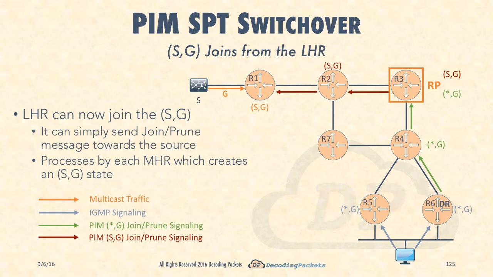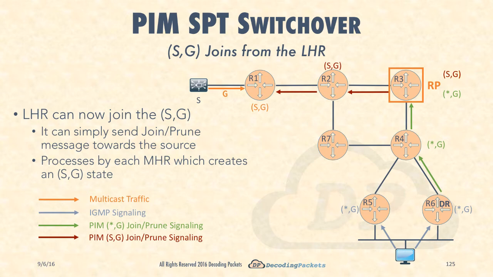And from the LHR, which happens to be R6, to the RP R3, the star comma G is complete. So as the source, S, in this topology, sends a packet to the group G, R1, R2, and R3 will process them on the S comma G tree, the RP will replicate them from the S comma G to the star comma G tree, and ultimately R6 receives this packet.